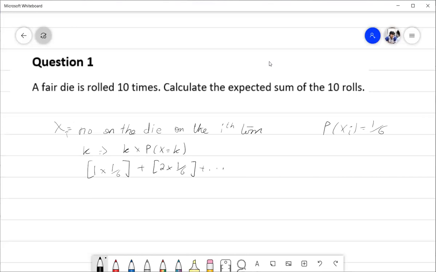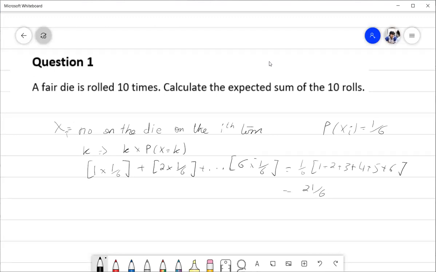This will continue until my last term, which is 6 times 1/6. If I take 1/6 common, I get 1 plus 2 plus 3 plus 4 plus 5 plus 6. That sums to 21, so it is 21/6, the expectation of a fair die for one roll.